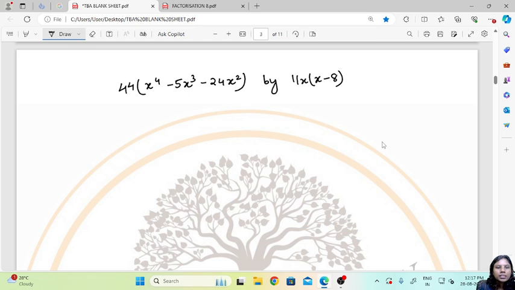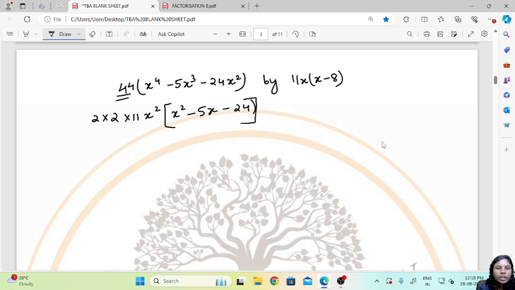Let's do another one. In this case this is a bigger expression, so we first have to find the factors of this. We can write 2 into 2 will be 4, 4 into 11 will give us 44. Here we can take out one term common, that is x square. So x square comes out common, and what remains inside is x square minus 5x minus 24.